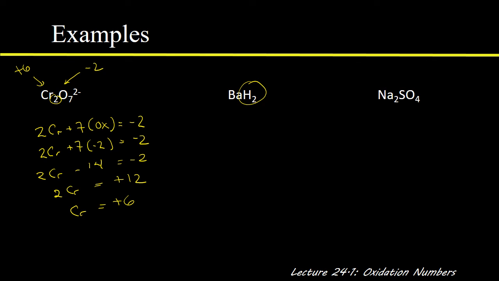Or we could look at this and recognize whenever hydrogen is bonding to a metal, the hydrogen is going to be the more electronegative. And so instead of a hydrogen +1 ion, we recognize that this is a hydride compound composed of the H- hydride ion.